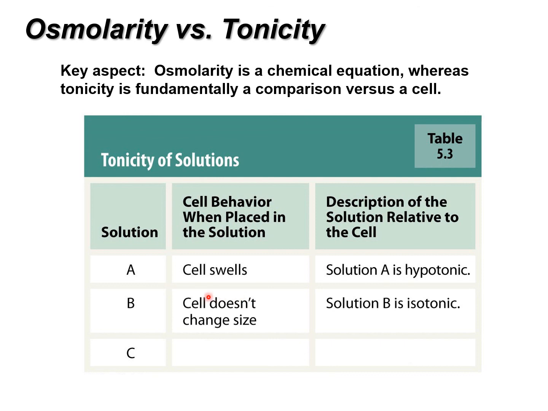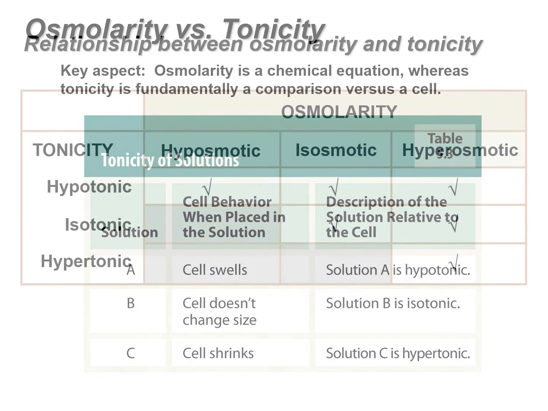In solution B, the cell doesn't change size. Again, osmolarity doesn't matter here. If we don't see a change in size, it means that the solution is isotonic. And if the cell shrinks, again, regardless of osmolarity, the solution is hypertonic.